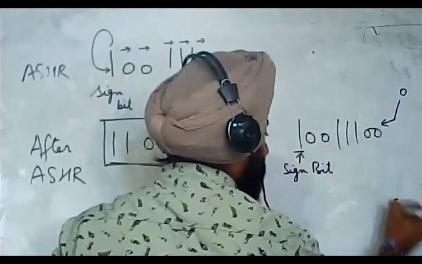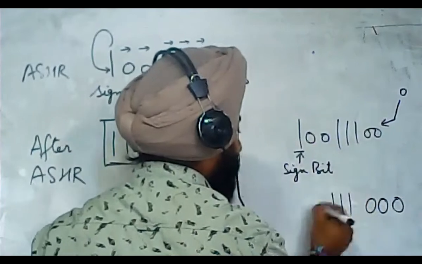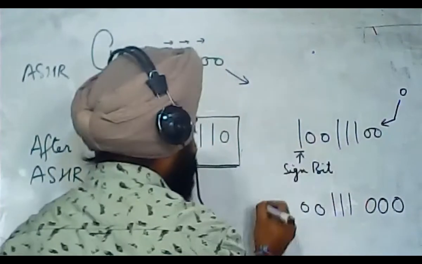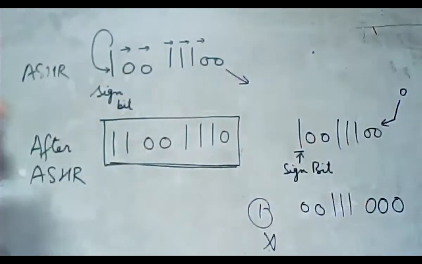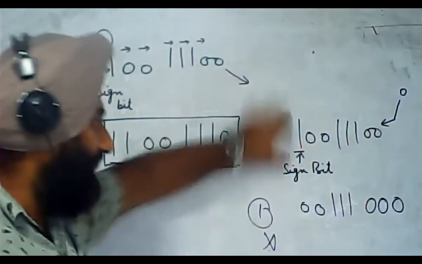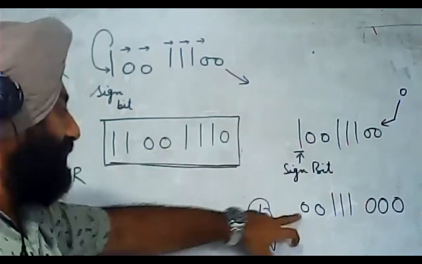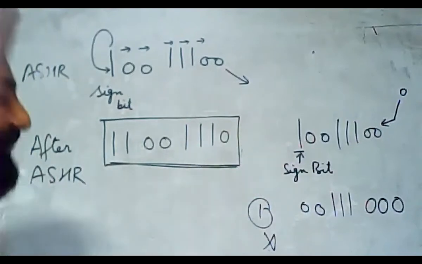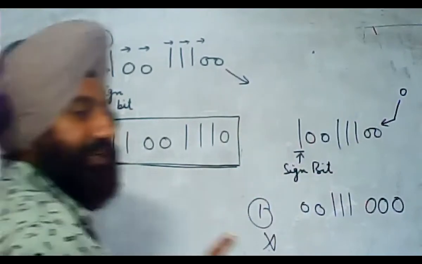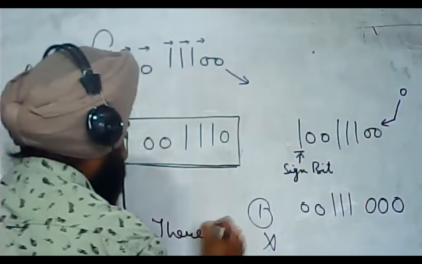So your answer will become 0 0 1 1 1 0 0 0, and the leftmost bit will be discarded. So here you can see that there is a change of bit. First of all, you have 1 and now you have 0. It means a sign reversal occurs. If there is a sign reversal, it means that there is an overflow.